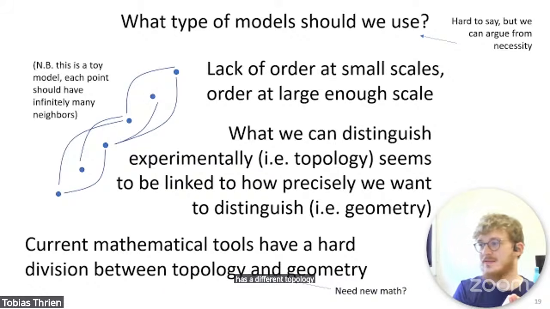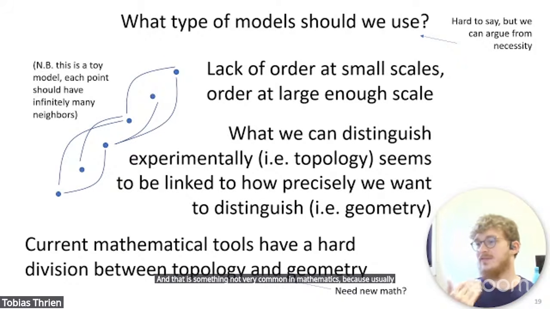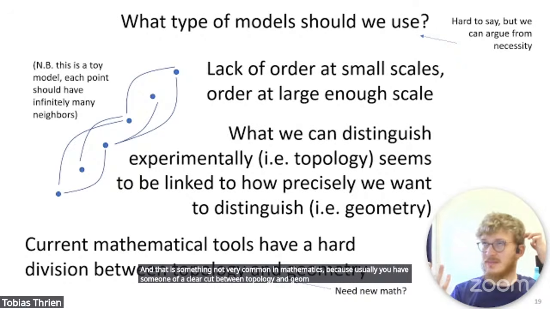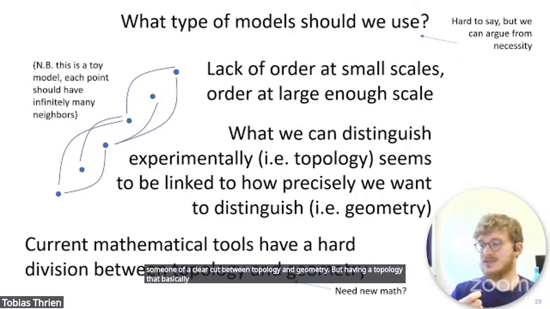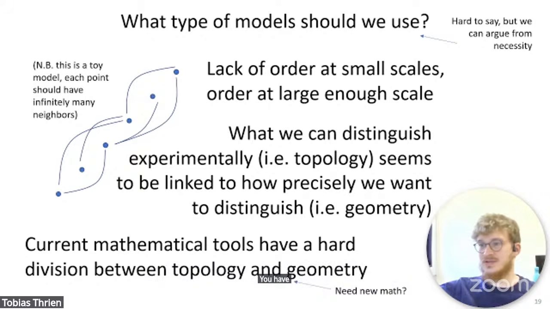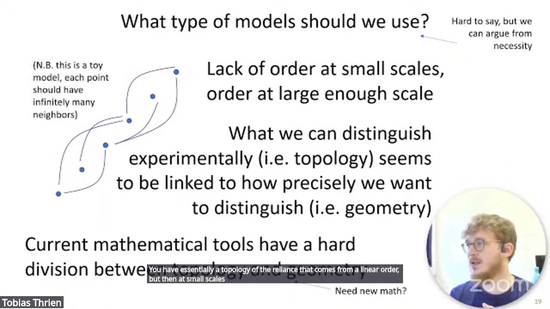And that is something not very common in mathematics, because usually you have somewhat of a clear cut between topology and geometry. But having a topology that basically changes based on distance, so at large scales you have essentially a topology of the real line that comes from a linear order, but then at small scales it's a different one.